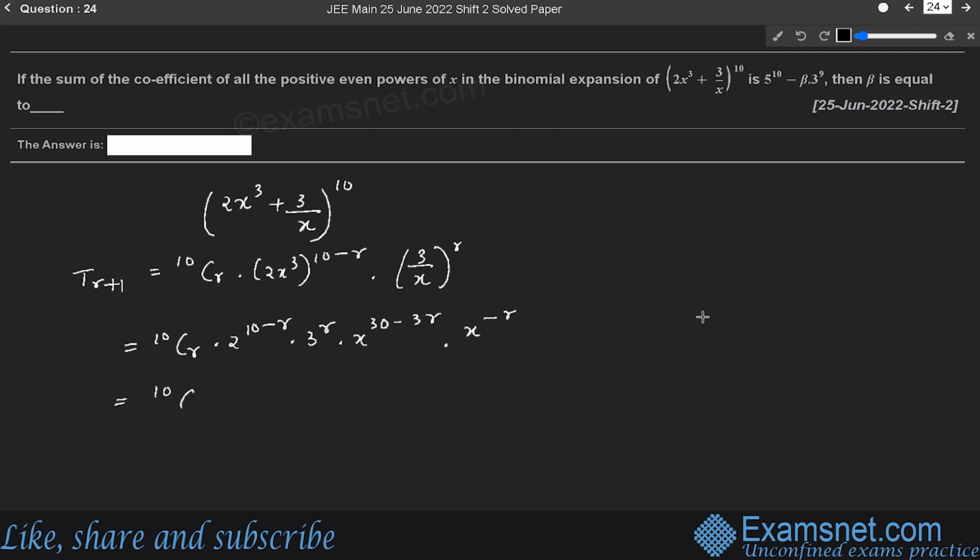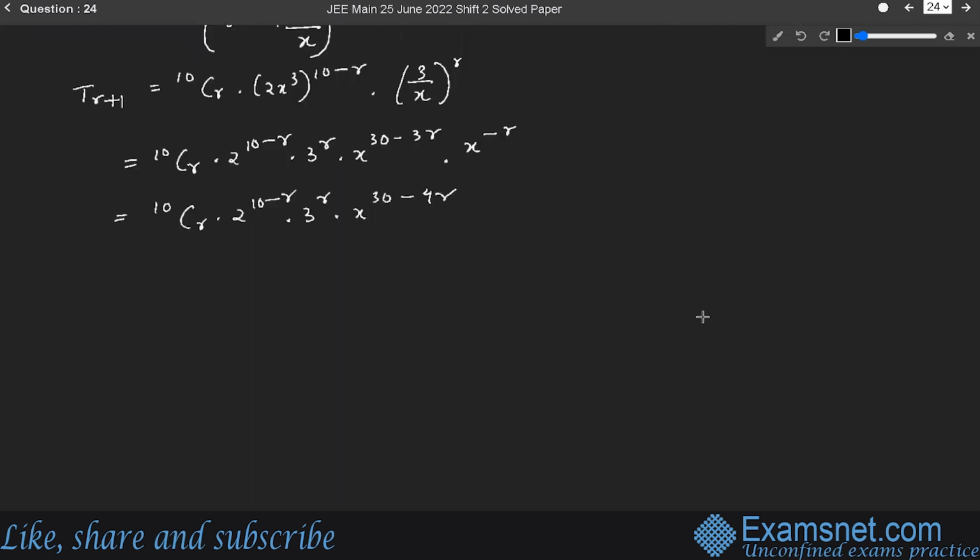Which will be equals to 10Cr into 2 power 10 minus r into 3 power r into x power 30 minus 4r. Now, for positive even power of x, 30 minus 4r should be even and positive. So, at r is equal to 0, 30 minus 4 into 0 will be 30.